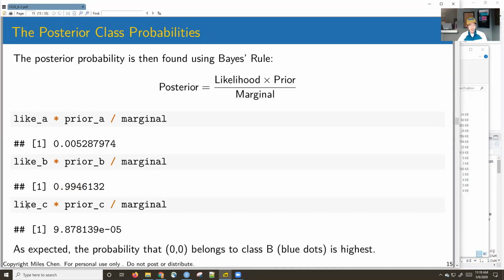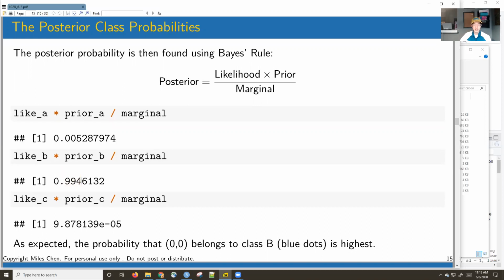And then the probability that it belongs to class C, I do likelihood times prior divided by the marginal. This is around 10 to the minus 4, so around 1 in 10,000.